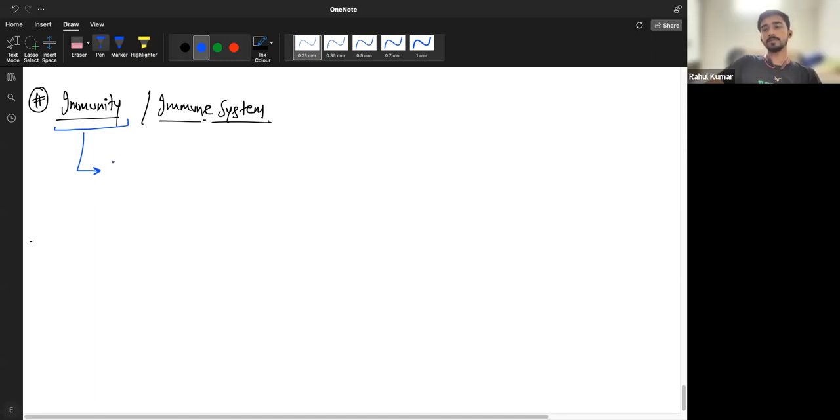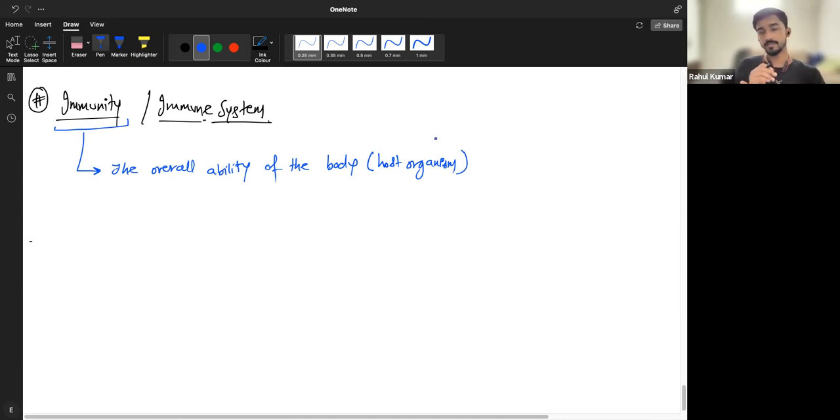Okay, so write down everyone. Immunity, let's define the overall ability. We are including everything: bacteria, virus, protozoa, worms, everything. So the overall ability of the body, in this case the host organism's body, because the pathogen's body also will have some ability to infect, right? They will produce toxins.